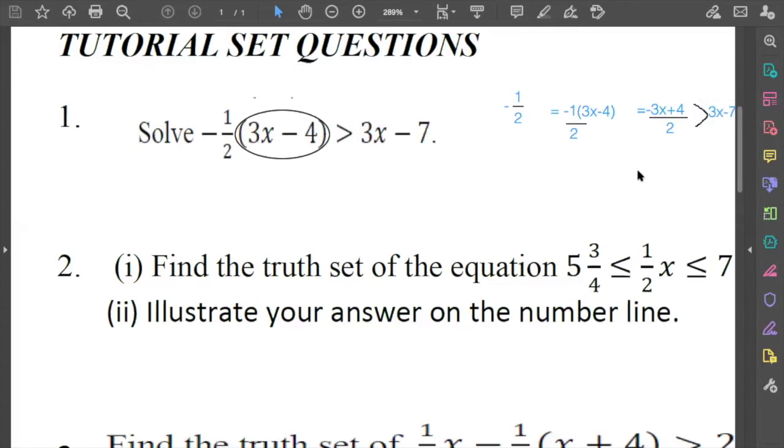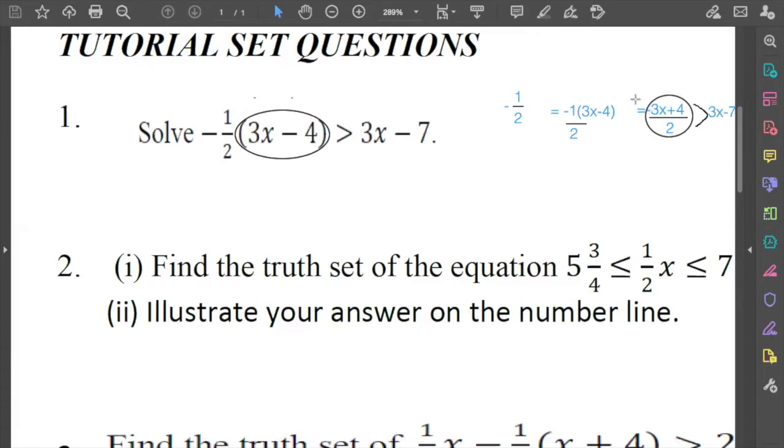Good. Now, at this point in time, we have only one denominator. This is where we multiply through by the denominator. Are you okay? Because this expression, the negative 3x and the 4, they are all being divided by 2. So when I multiply the 2, it affects all of them.